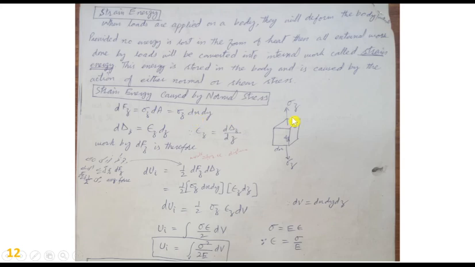The area dA is dx into dy, where the sigma z is acting. Remember this is dy and this is dz. It is wrongly written here.